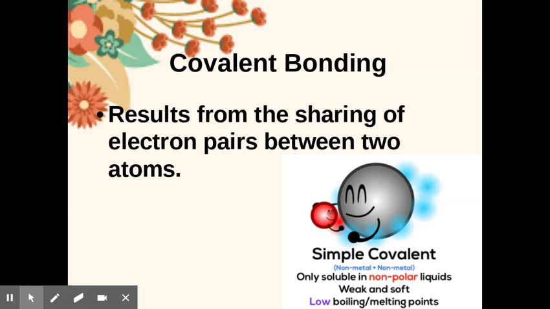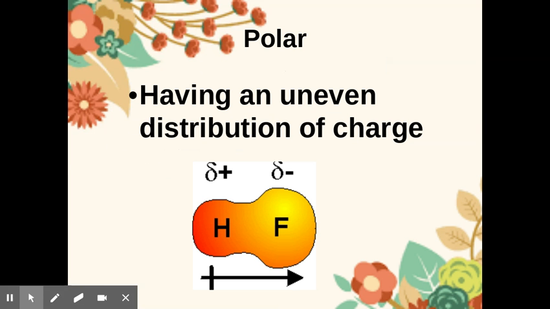If a carbon atom has 4 valence electrons, it could bond with another carbon atom that has 4, and if they're sharing those, then they could each count them as a total of 8. Sometimes they don't share those electrons evenly, and if that's the case, then it forms slight polar charges.